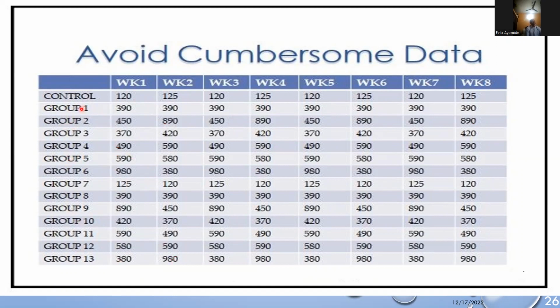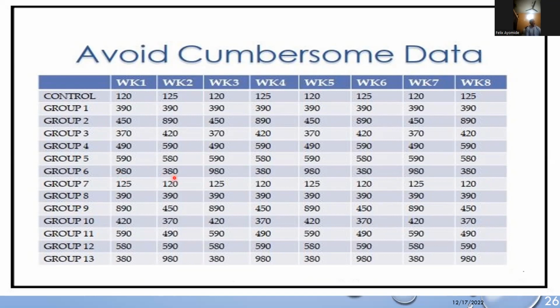If the significant changes you want the audience to take note of are just in group 1 and group 9, why not remove the other groups and just project group 1 and group 9? You can just leave dots in between them to show that there are some other groups, but the results we obtained from them are not very significant. So this is very, very important when you do your slide creation.